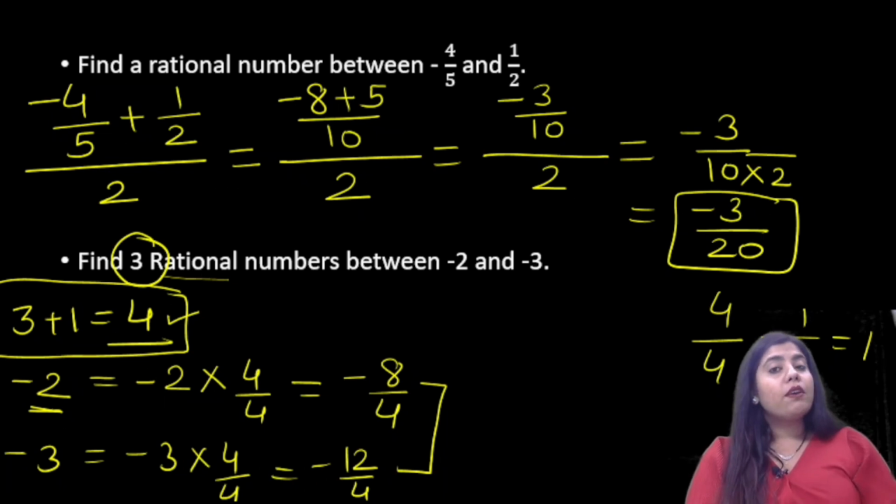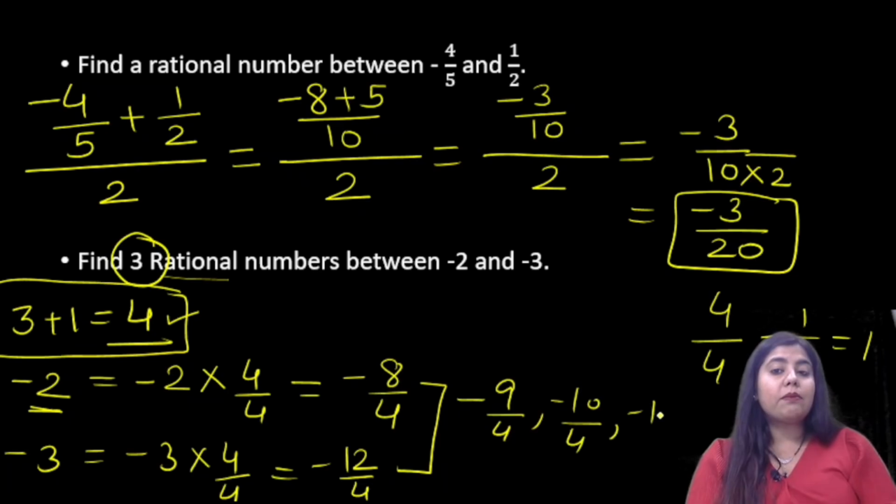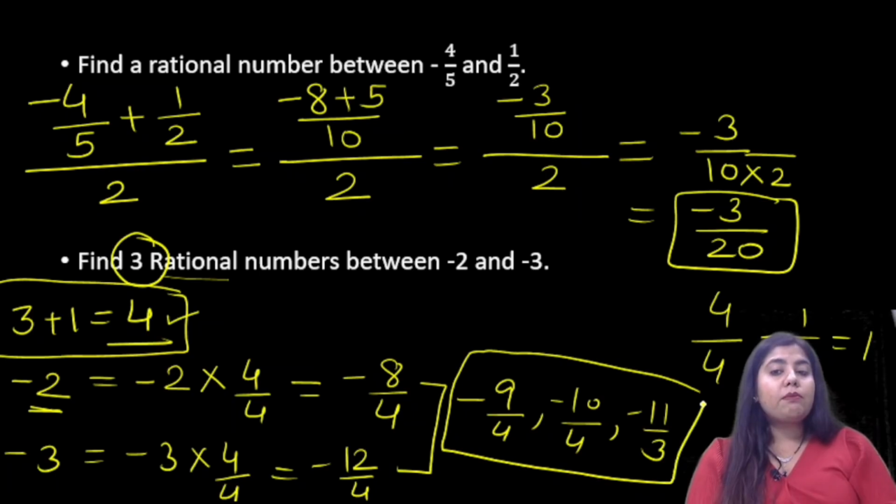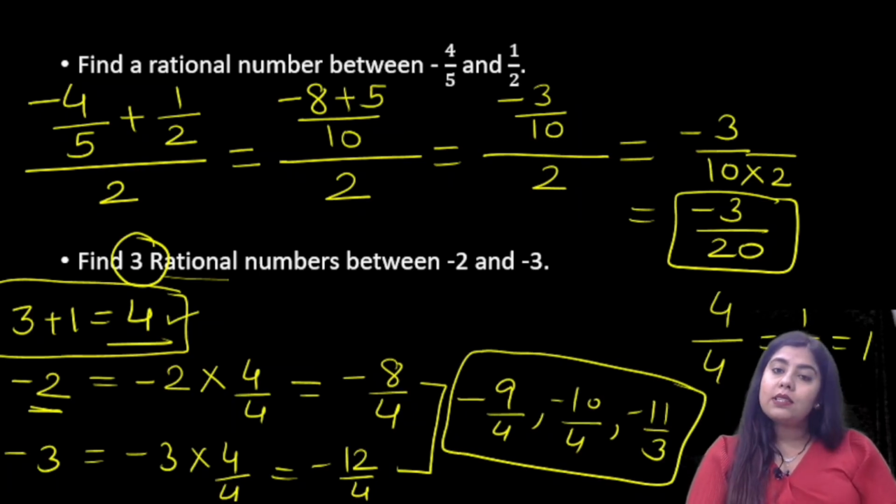These are -9 by 4, -10 by 4 and -11 by 4. These are the three rational numbers between -2 and -3.